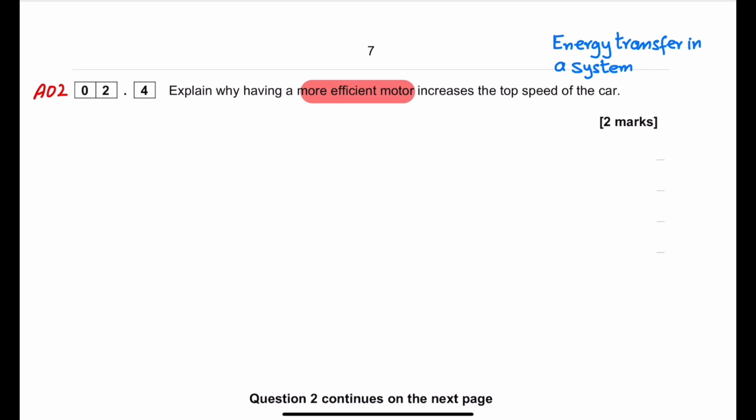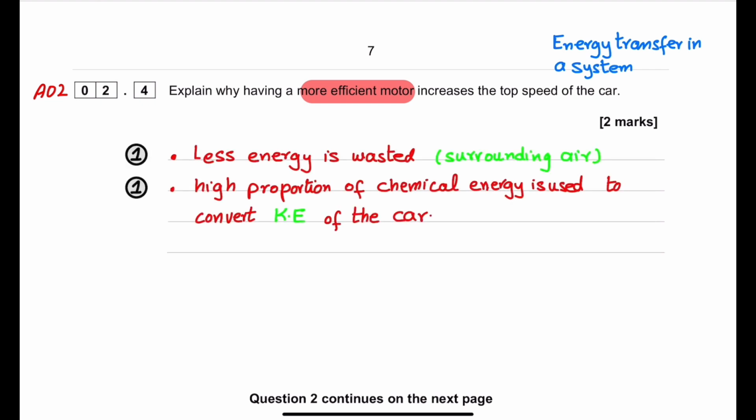Let's see the model answer. If the car has a more efficient motor, then less energy is wasted to the surrounding air. A higher proportion of chemical energy is used to convert into kinetic energy of the car. And the mark distribution is given along the points.